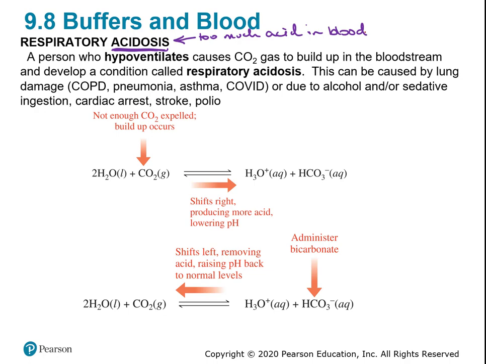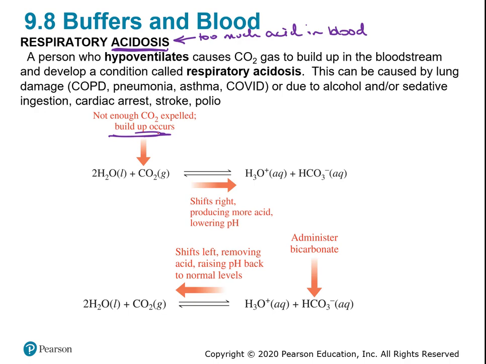So here's some examples of that, okay? If somebody doesn't breathe enough, you think, why wouldn't they breathe enough? Okay, so alcohol intoxication. Alcohol actually suppresses your nervous system and it can slow your heart rate, it can slow your respiratory rate. So if you're not breathing enough, that means carbon dioxide begins to build in the blood.